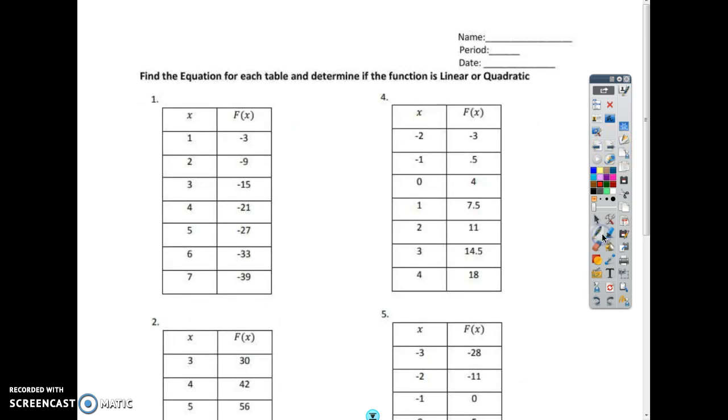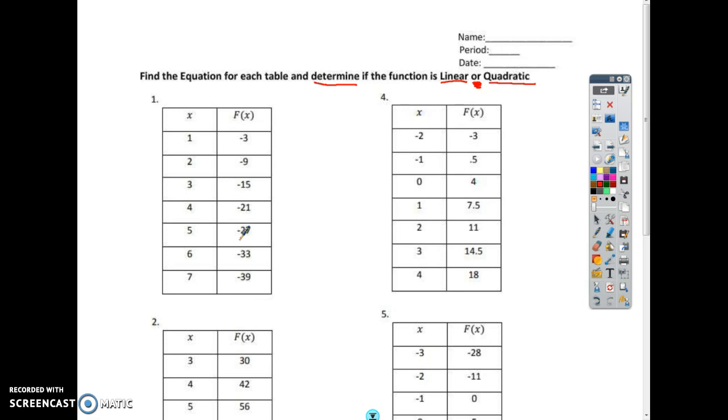It says find the equation of each table and determine if the function is linear or quadratic. So they're not telling you that it's quadratic. They're asking you, is it linear or is it quadratic? And then give me the equation. Okay? So we're going to type this in there, and we're going to look at it. And you're going to tell me if it looks like a line or not. Okay? If it looks like a line, it's linear. If it doesn't look like a line, it's quadratic.